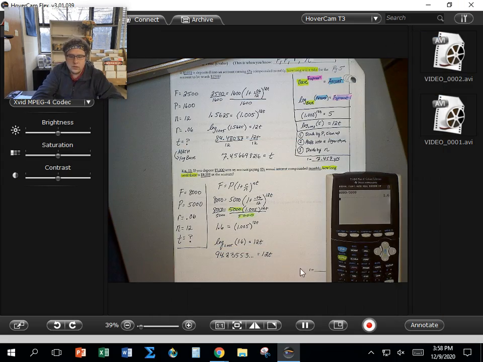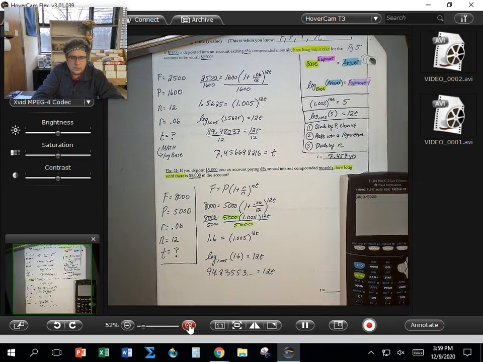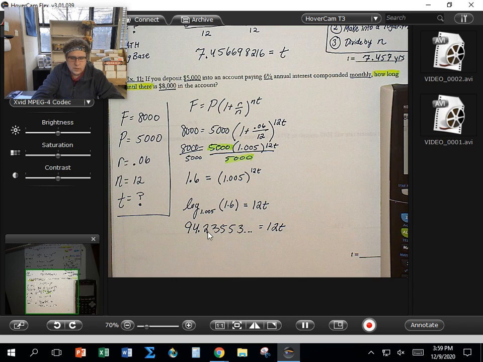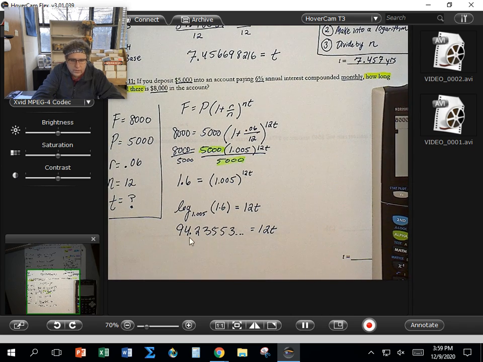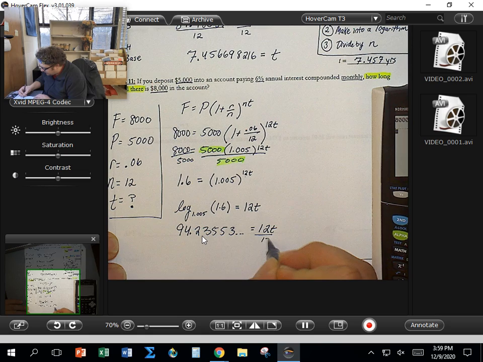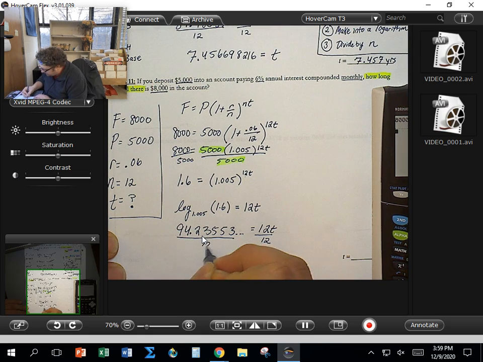So let me zoom in on that so you can see. All right, so you see I replaced the logarithm with the 94. So that's if we did not multiply by 12, but you see how that's multiplied by 12. So to find the true answer, we have to divide and get t all by itself.